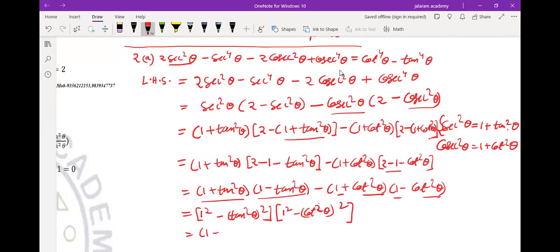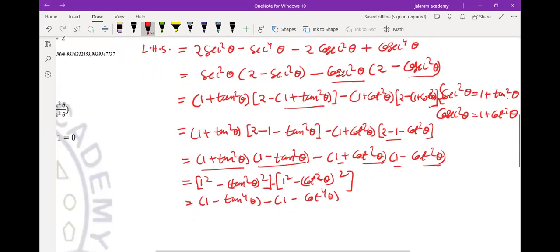So it is again 1 minus tan to the power 4 theta, minus is also between these two brackets, this minus, minus 1 square is 1 minus cot to the power 4 theta.